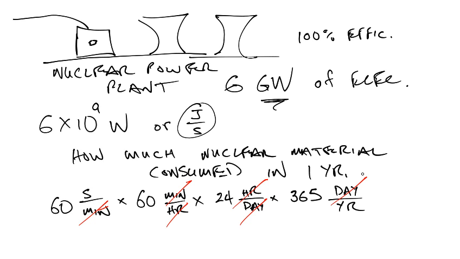And now if we get our trusty RPN calculator, of course 60 times 60 is 3600. So we'll just go 3600, enter, 24 times, 365 times, and we're left with a very large number.